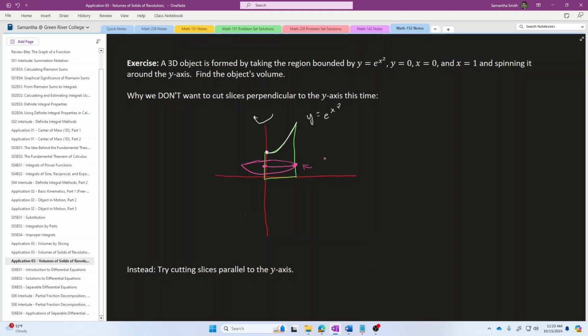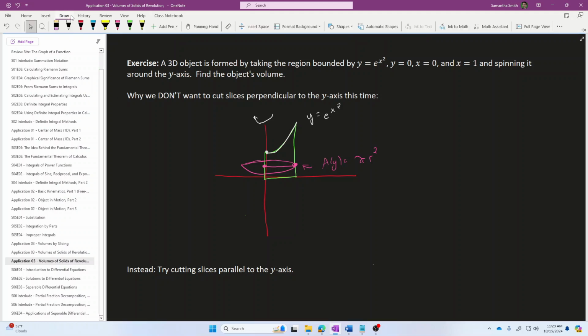So the area at this particular y value would be found by taking pi times the radius squared of this slice down here at the bottom. And then I would have to do some work to find out the radius of that slice at that generic y value.